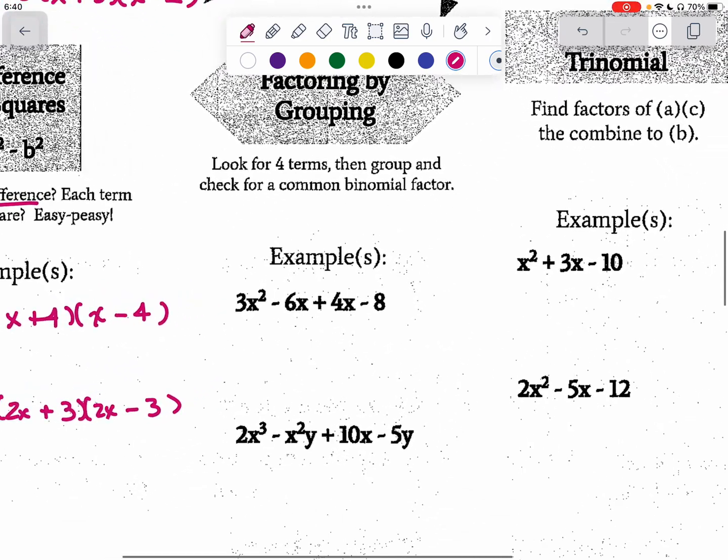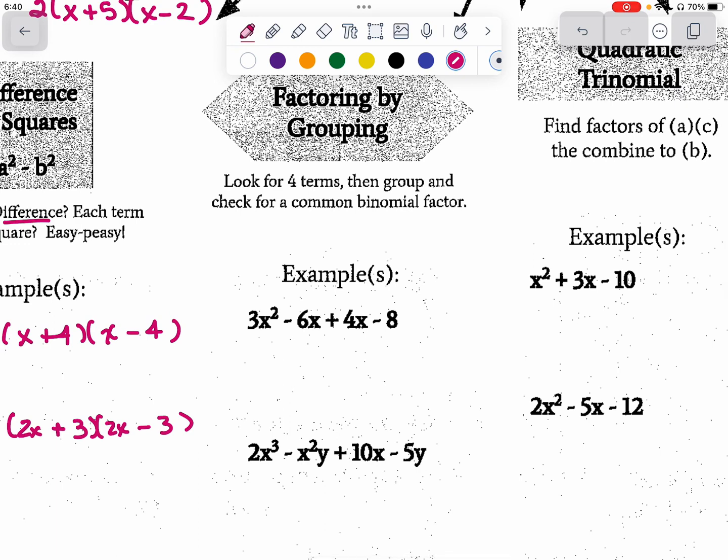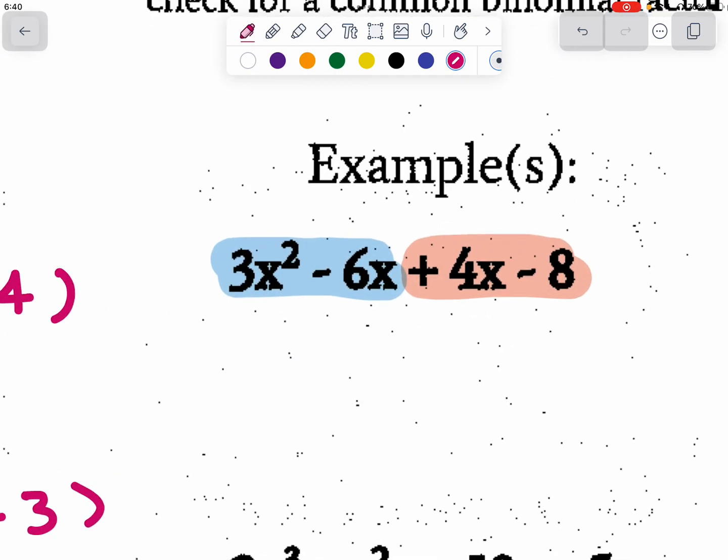The next type of factoring we looked at was grouping, and one of the signs that it's going to be a grouping problem is if you have 4 terms. Then you just treat each of the two groupings as if it was its own problem.